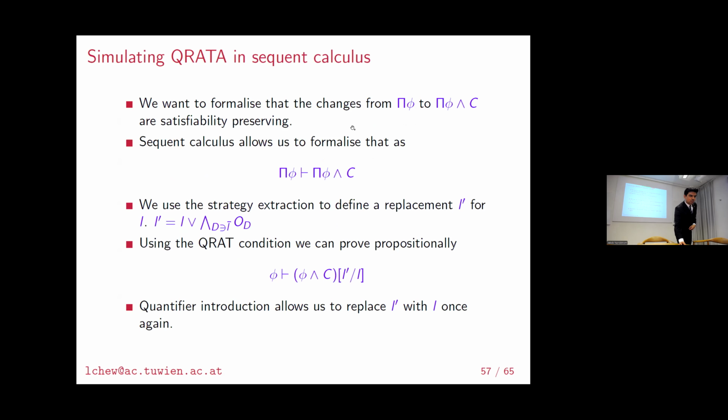For QRAT R, we do exactly as we described. We define a replacement for the existential variables, and we prove that under that replacement you get propositional implication. Once we do that, our quantifier introduction rule allows us just to remove this L dash and give it the name of any eventually quantified variable.